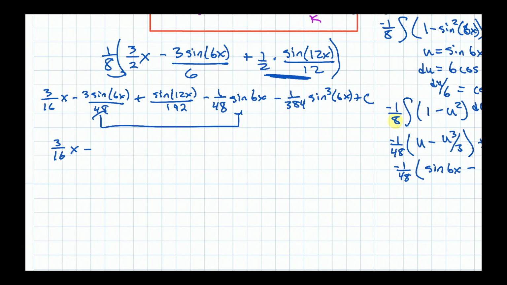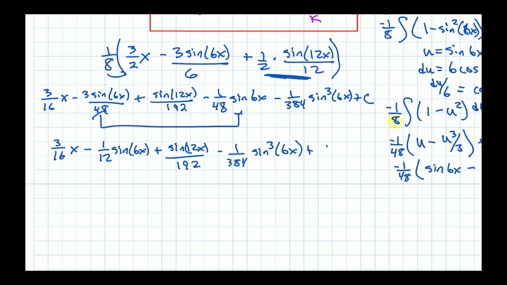So that's minus 4 over 48. 4 over 48 is 1/12 sine 6x. And then plus the sine 12x over 192. And then I've got the 1 over 384 sine cubed 6x plus c. Yikes.